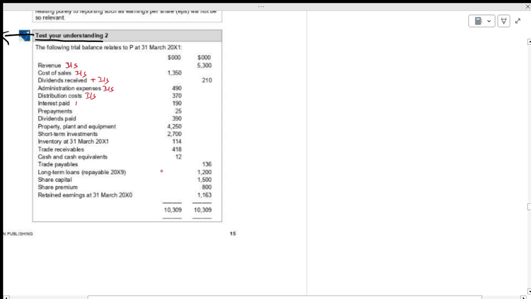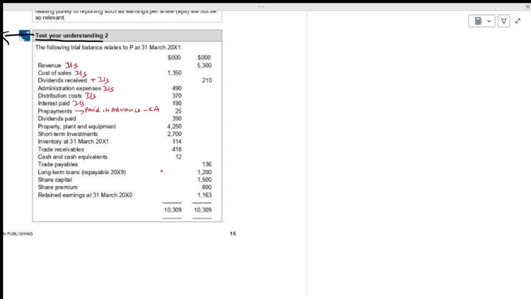Now, prepayment. This is the first time you are doing it. Paid in advance. Where will you show it? In the balance sheet, current asset. You have paid in advance. For you it is an asset.